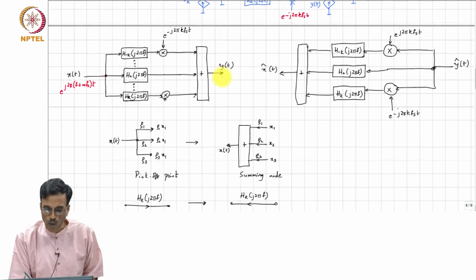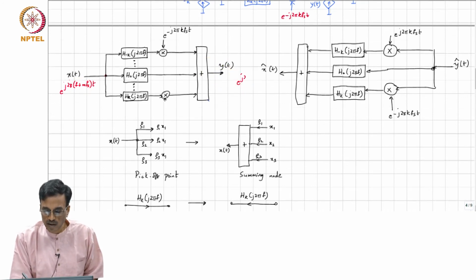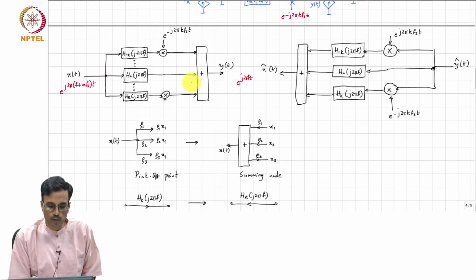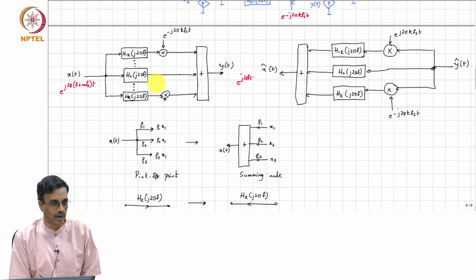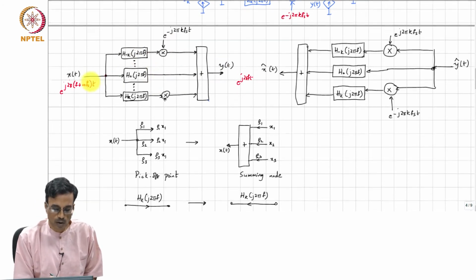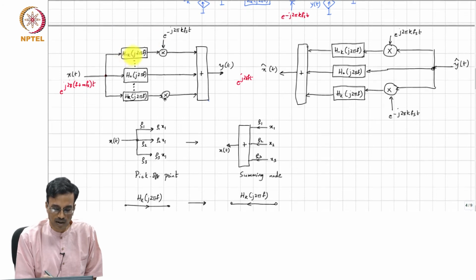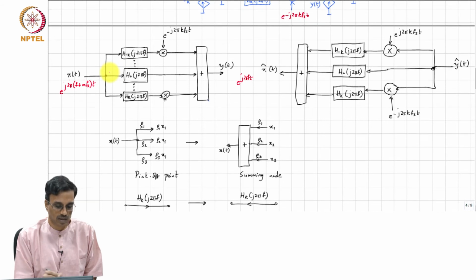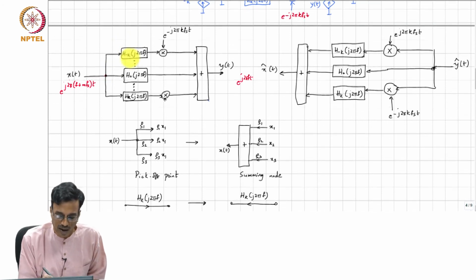Well, if I want this frequency to be f, it will only come from a branch where it will come from the minus mth branch, so that this is h minus m.